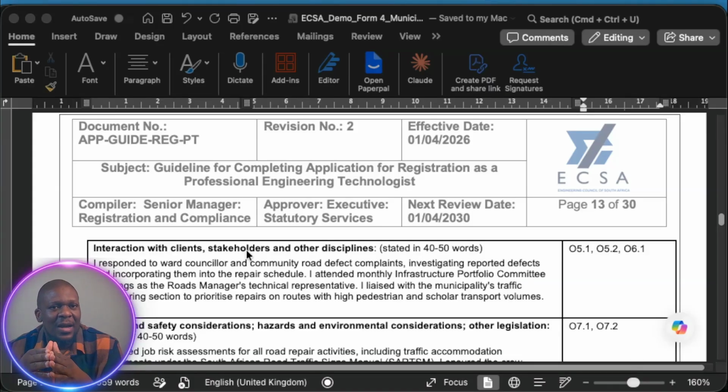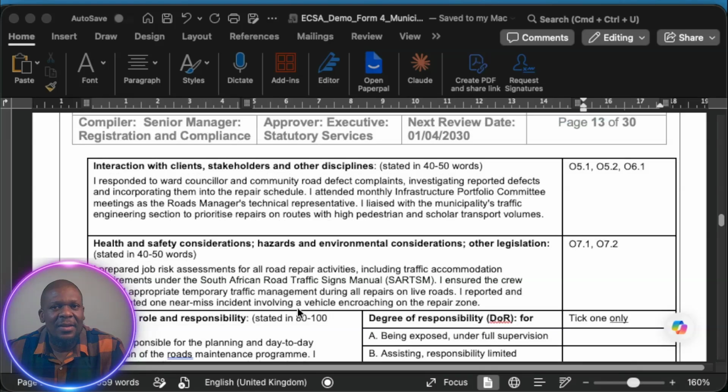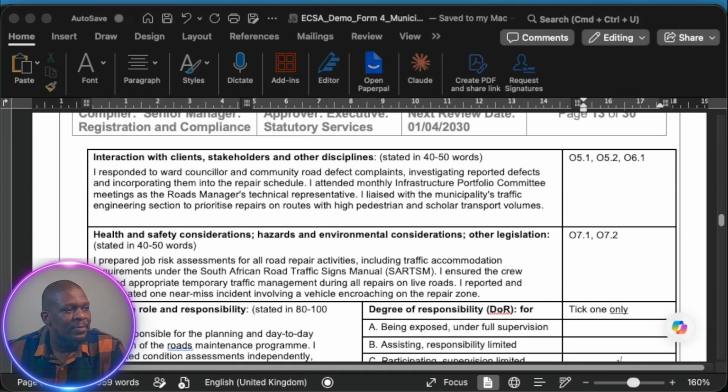You interact with a client who is your supervisor, and with other disciplines, in this case the traffic department. So now the next thing we look at is health and safety.